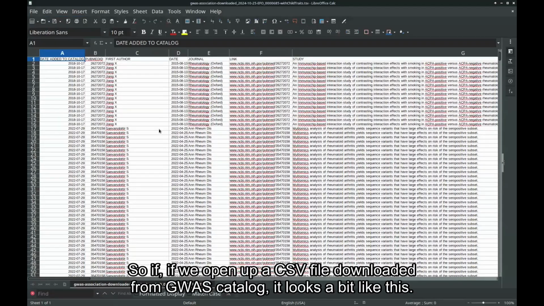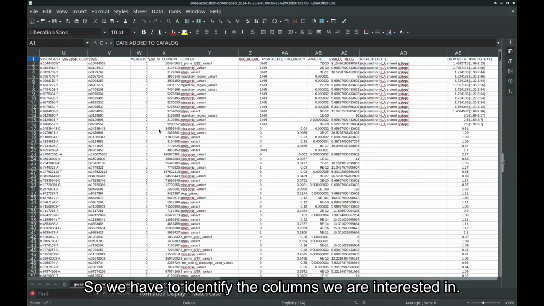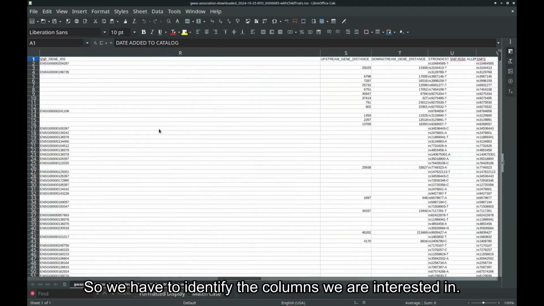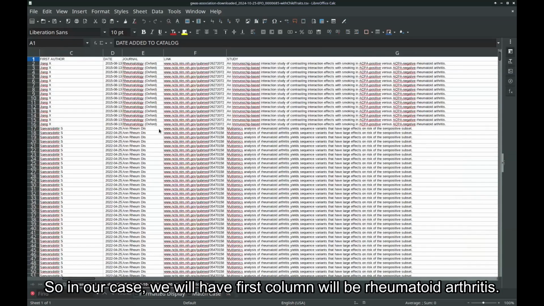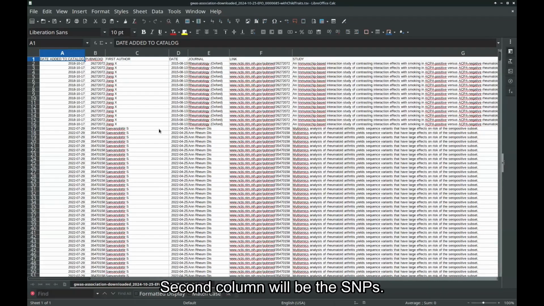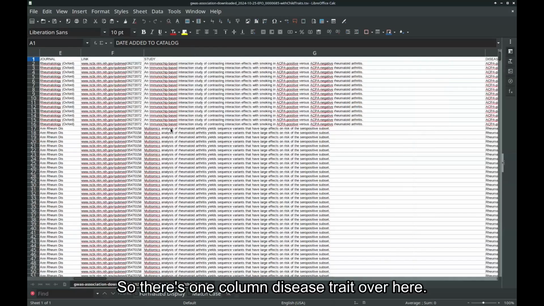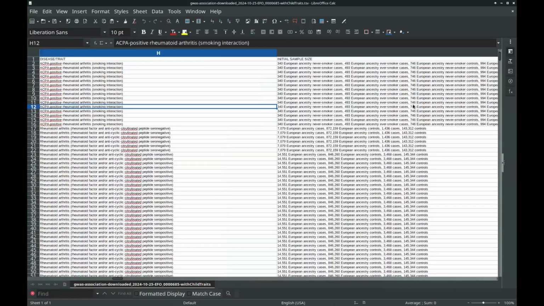So if we open up a CSV file downloaded from GWAS catalog, it looks a bit like this. So we have to identify the columns we are interested in. In our case, the first column will be rheumatoid arthritis, the second column will be the SNPs. So there's one column, disease trait, over here.